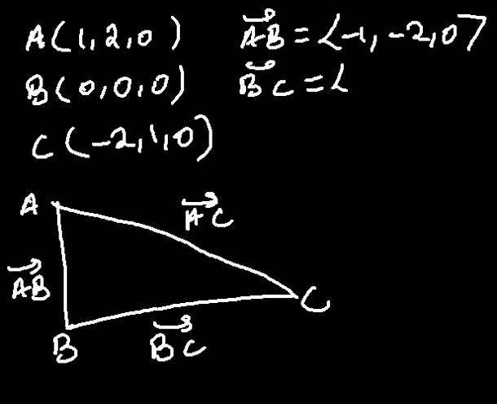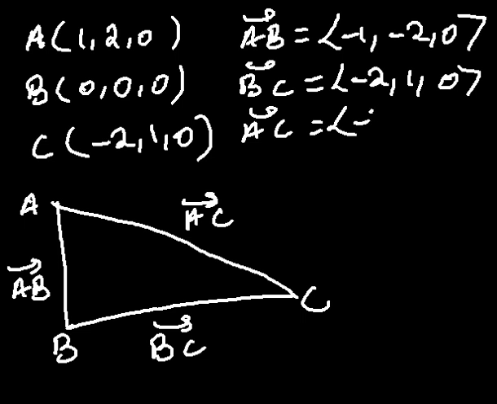We'll have it as -2 minus 0, that is -2, 1 minus 0, that is 1, and 0. And we need vector AC, which corresponds to -2 minus 1, that is -3, 1 minus 2, that is -1, and also 0.